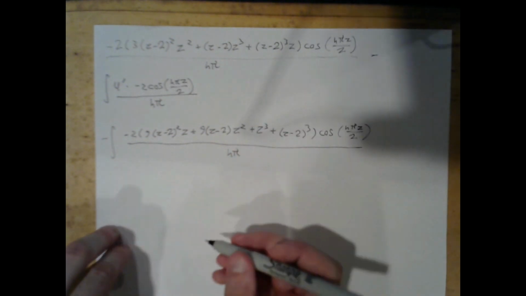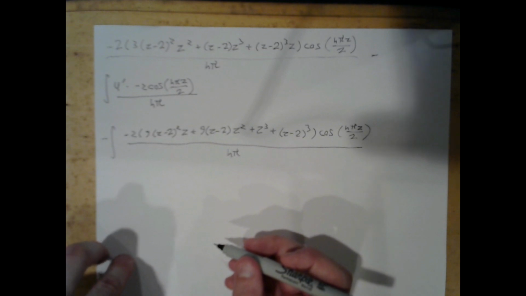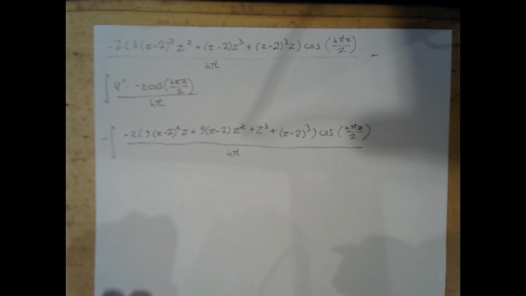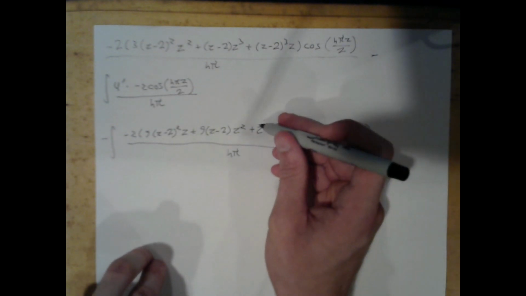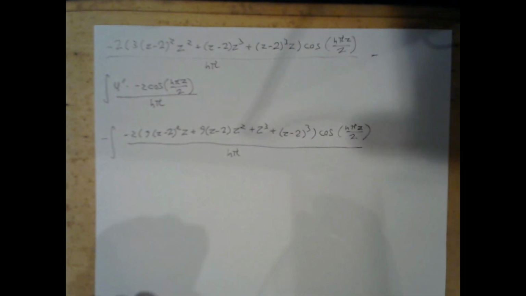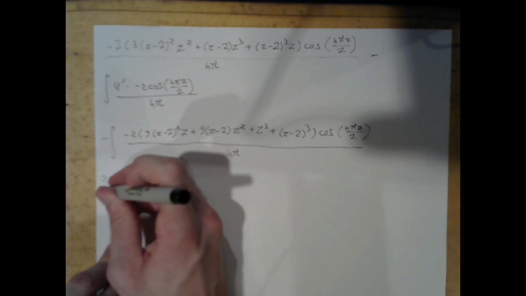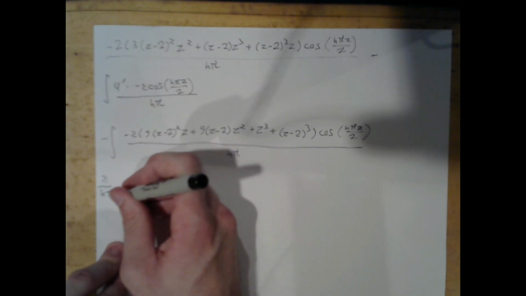Okay, so when we pull out our constants to the front, unfortunately, because we have z cubed here and there's nothing in front of it, the most we can pull out is actually the negative 2. So we're going to get positive 2 over h pi on the front.